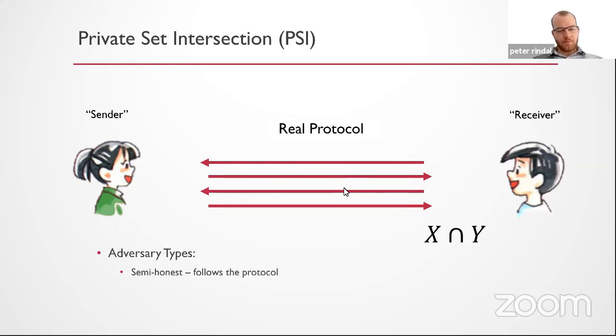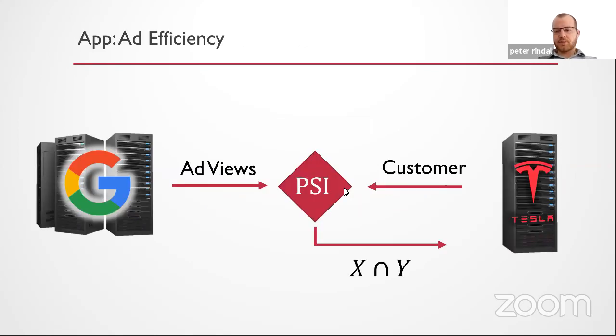Some can be semi-honest, and basically what this means is they'll send the correct messages during the protocol. We'll first construct a semi-honest protocol, and then later we will consider malicious security, where one or both of the parties will arbitrarily deviate, and then we'll see what type of guarantees we can achieve in this setting. But first, let's consider some of the motivating applications for why we'd want to do private set intersection.